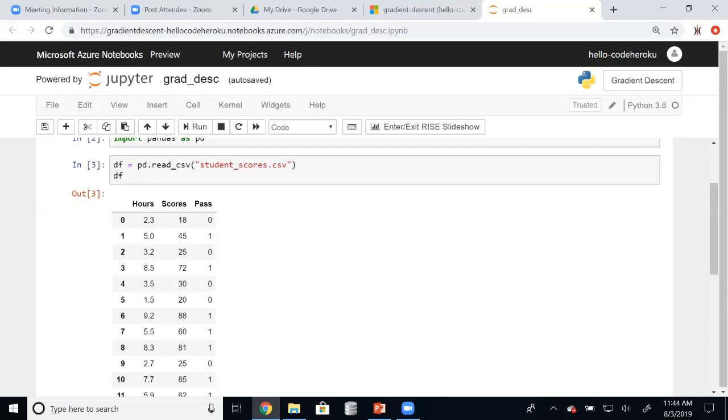And let me know in the chat box what kind of plot you are using to visualize your data as well.